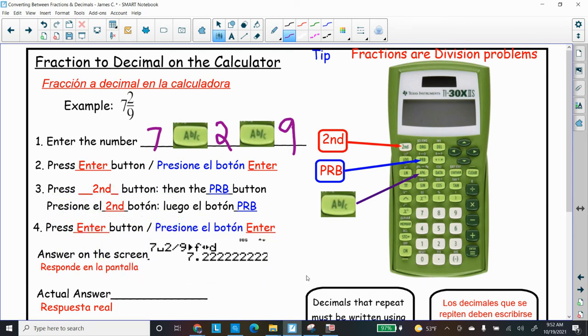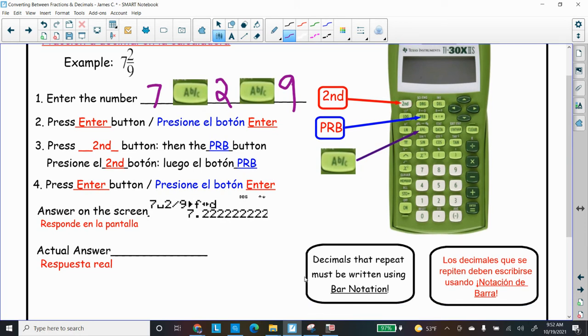But the actual answer, when you have a decimal that's repeating like the 2 is, must be written using what's called bar notation. What do we mean by bar notation? Well, the number that's repeating, we're going to put a bar on top of it. So 7 is the whole number. There's my decimal point. I got all of these 2s repeating.